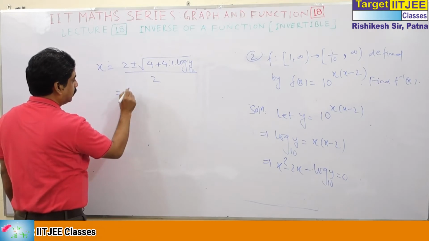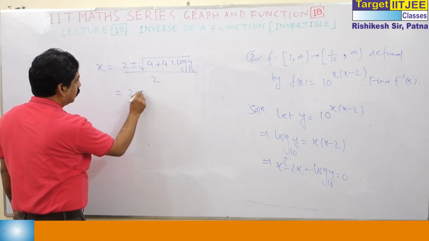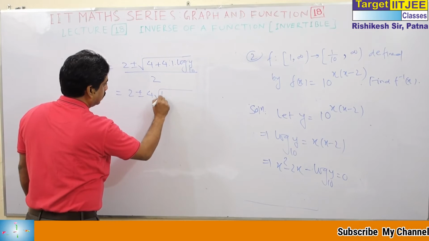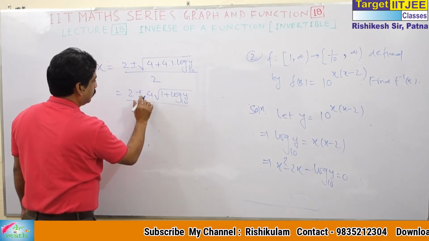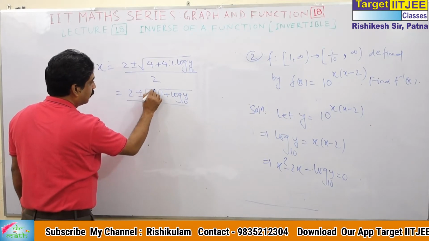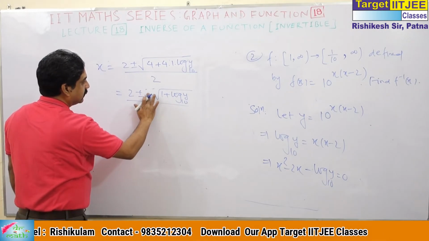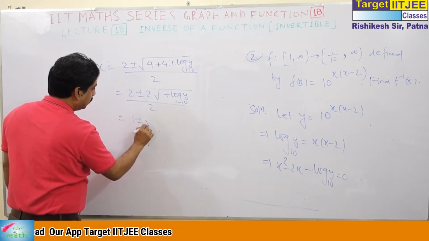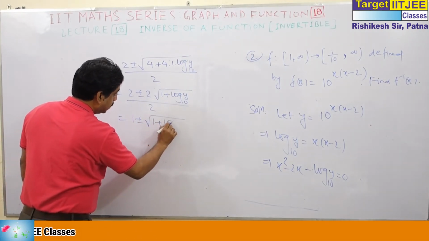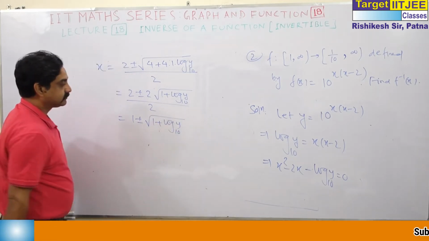Take this common. This is actually 2 plus minus root of 4 into (1 plus log y base 10) divided by 2. The 4 root comes out as 2 by 2, so this is 1 plus minus root of 1 plus log y base 10.